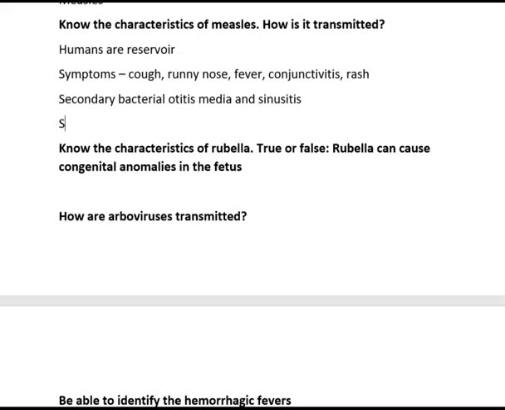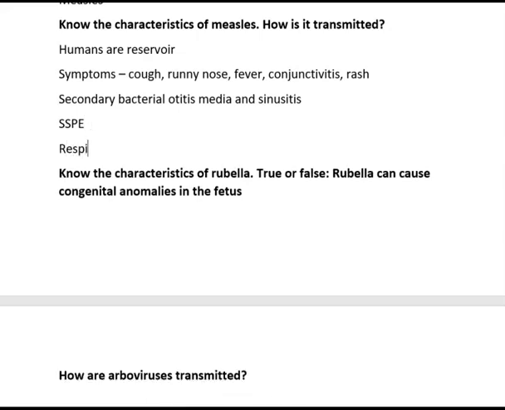I want you to remember that measles can cause a fatal complication called subacute sclerosing panencephalitis. Remember, this involves the brain. And then I want you to know that it's transmitted through respiratory aerosols.